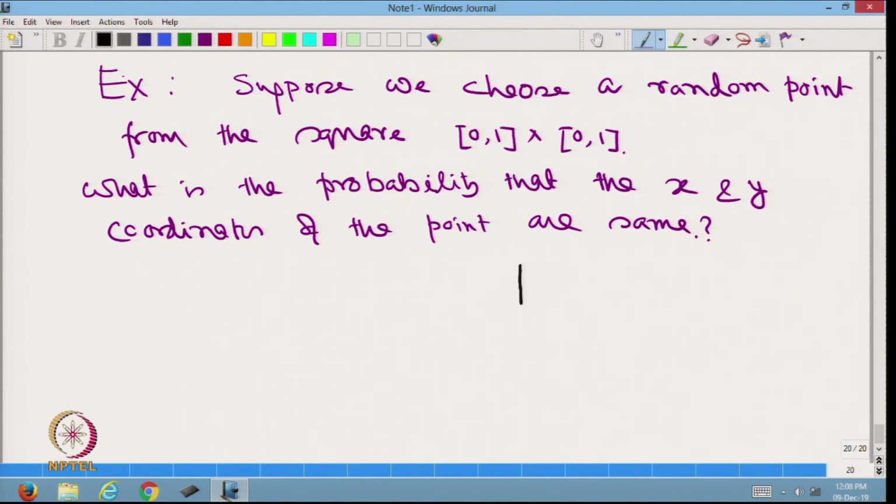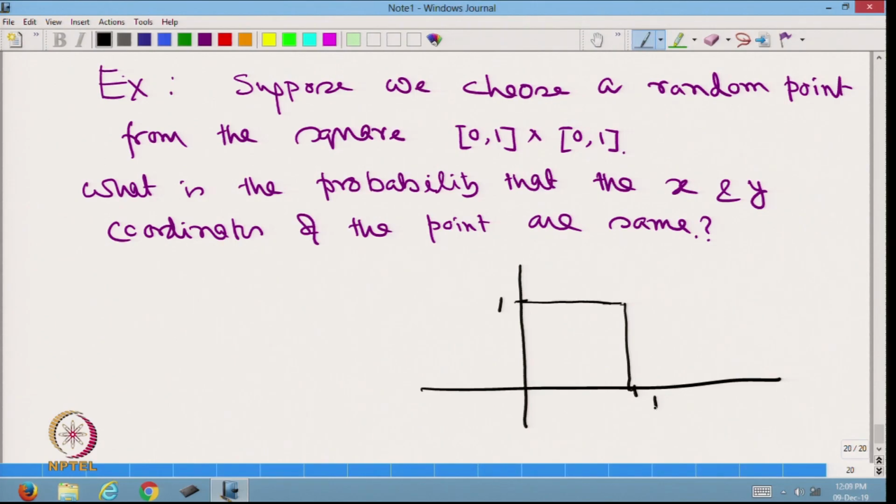So, for our understanding, consider the xy plane and suppose this is the square that we are talking about, and we are looking at the probability that the x and y coordinate of the random point are same.